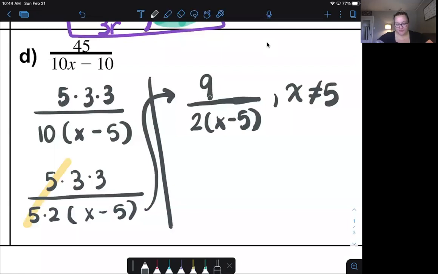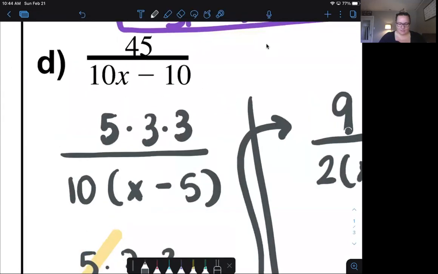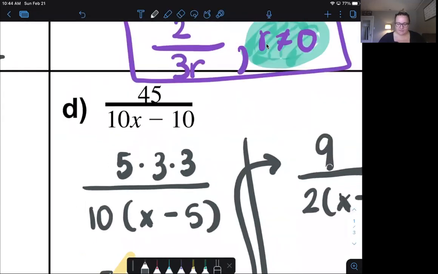All right, so I factored 45 over 10x minus 10 to 5 times 3 times 3, it's 45. 10 times x minus, oh, you know what? That was silly of me. That should be x minus 1. Yeah, because 10 times x is 10x, 10 times negative 1 is 10. My bad.